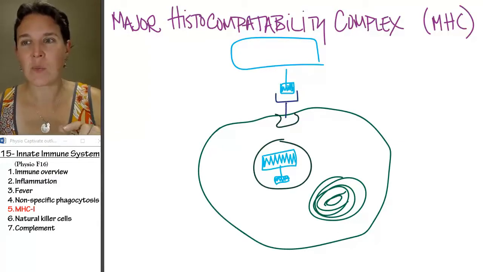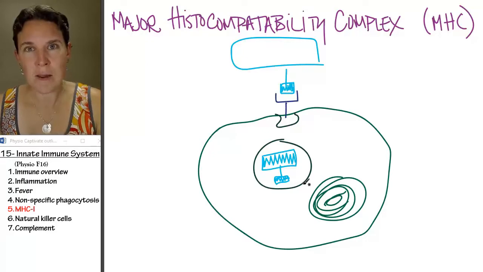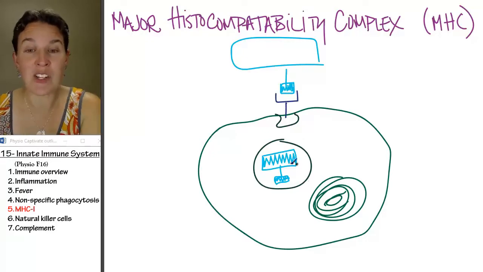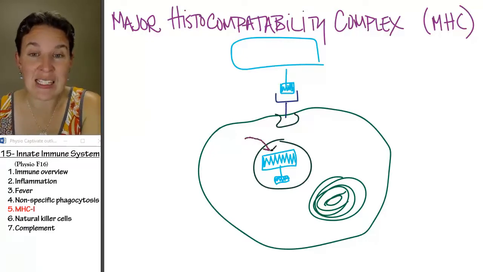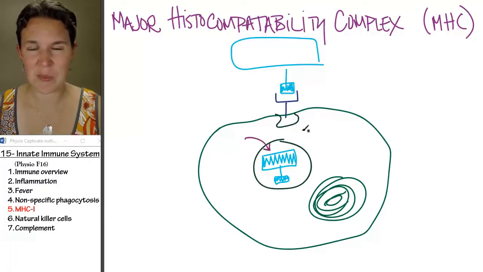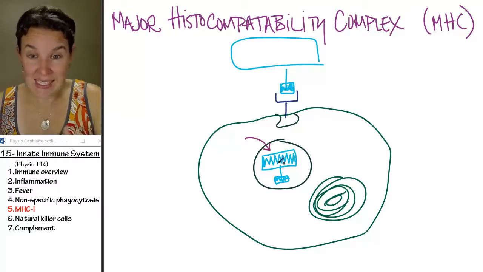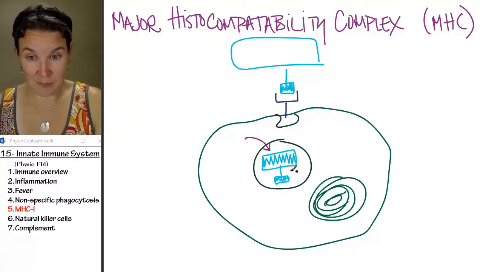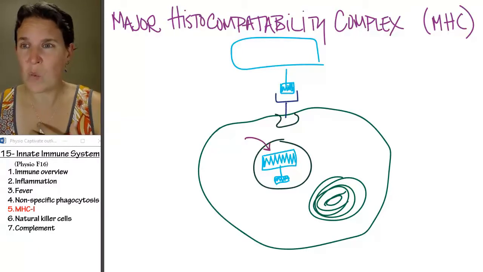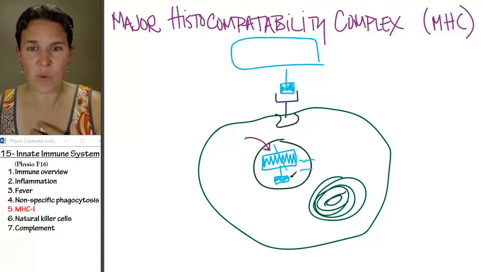And that process, the next step is actually going to be to take this pathogen and break it up into pieces. So ultimately, inside this little vesicle, we will have little parts. We'll break this guy up, and we'll end up with parts of the guy.